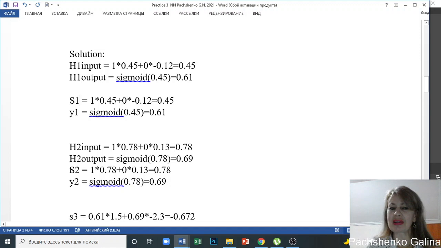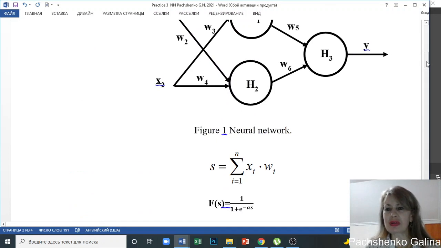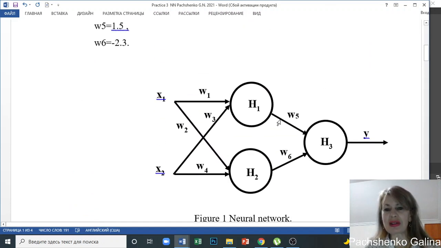And I rewrite the same. The input to our neuron H2 is our sum function here, and the output of neuron 2 is our Y2, because we write Y like the output of the neuron. And then these two outputs will be input for our third neuron.